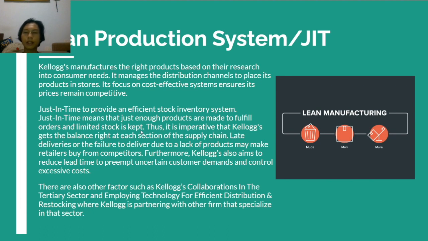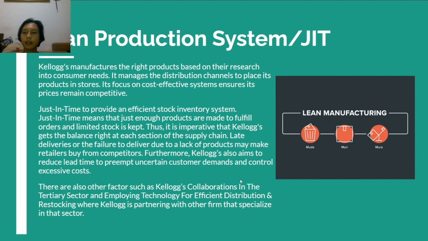If there's one place that needs 100, it will get exactly 100. So it will balance right. Late deliveries or the failure to deliver due to lack of product may make retailers buy from competitors. So Kellogg also aims to reduce the lead time to preempt uncertain customer demands and control excessive costs.